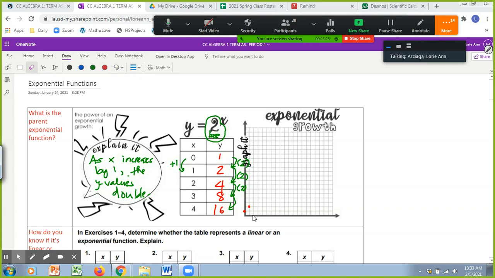So 1, 2, 1, 2, 3, 4. Do they look like it's a straight line? Okay, well, let's try next. 3, 8. So up 3, 1, 2, 3. 1, 2, 3, 4, 5, 6, 7, 8.